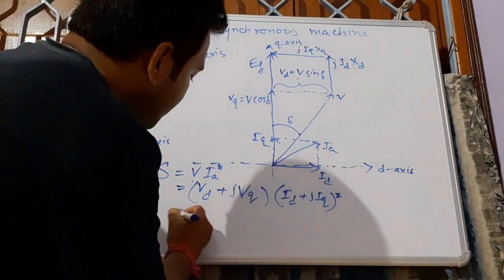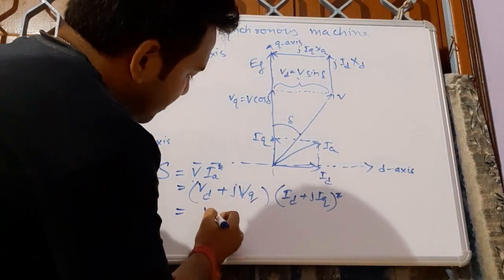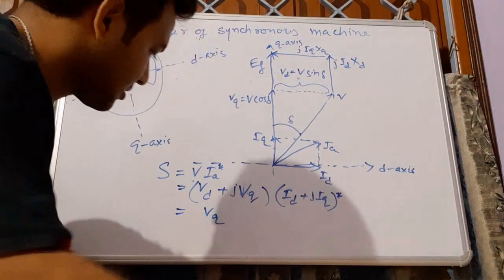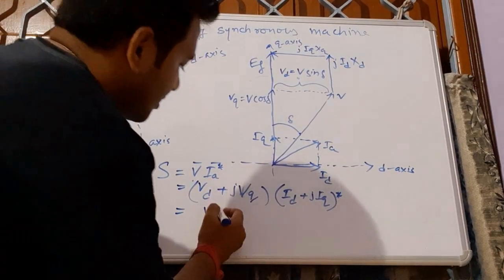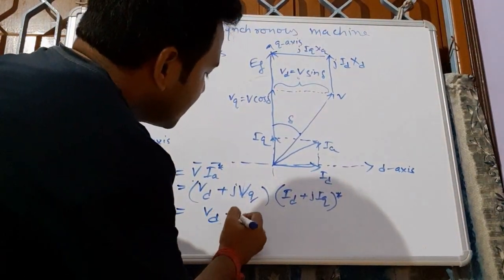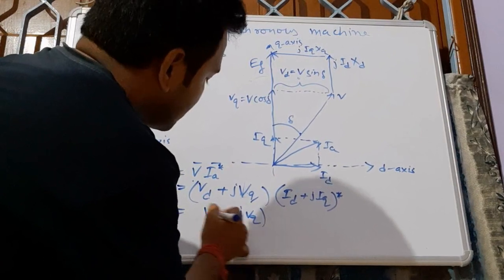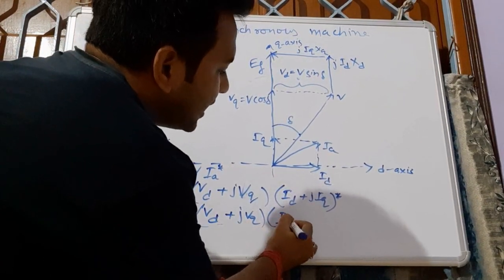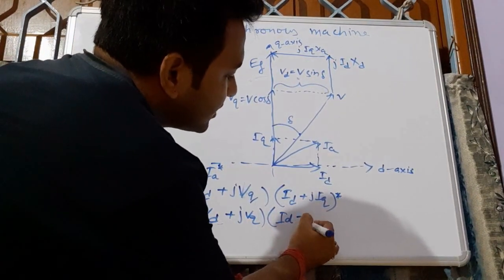So this is VD plus jVQ, and this is ID minus jIQ.